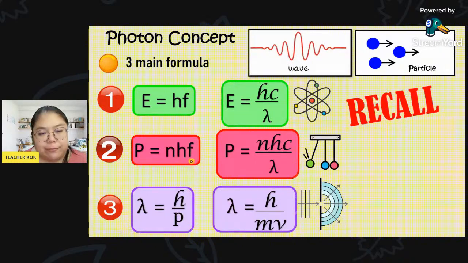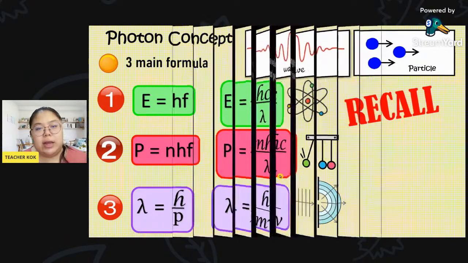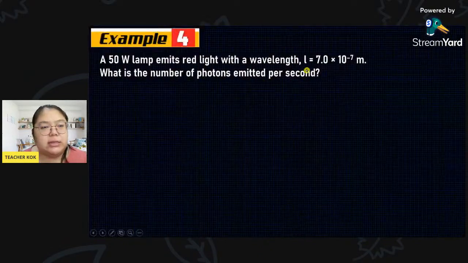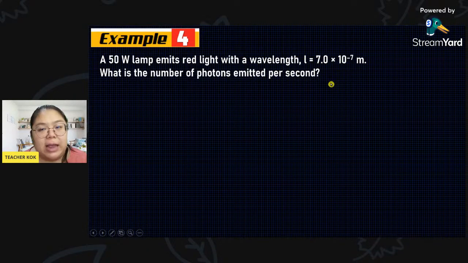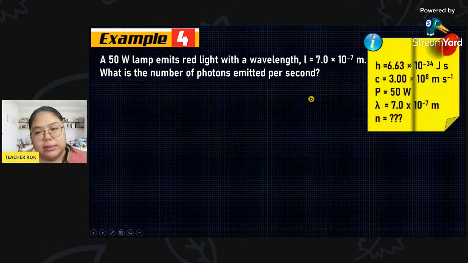Then the f, then after that the n. If the question does not provide f, then we use c over lambda. Now we look at the question: it provides the wavelength. So from here, the speed of light you also need to remember. Now we're going to see the info first.